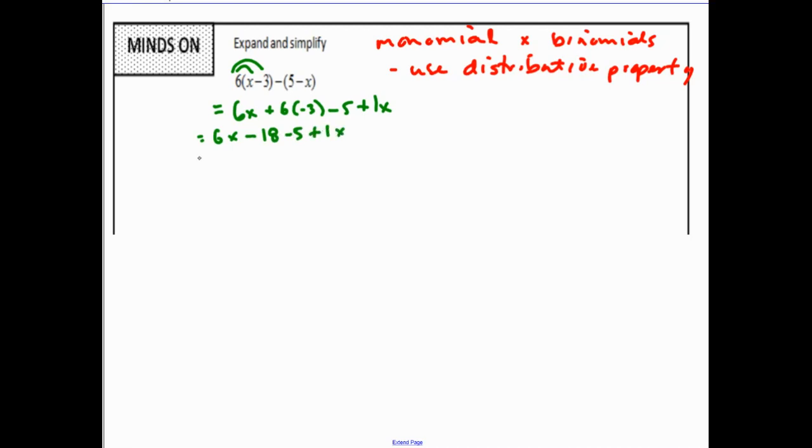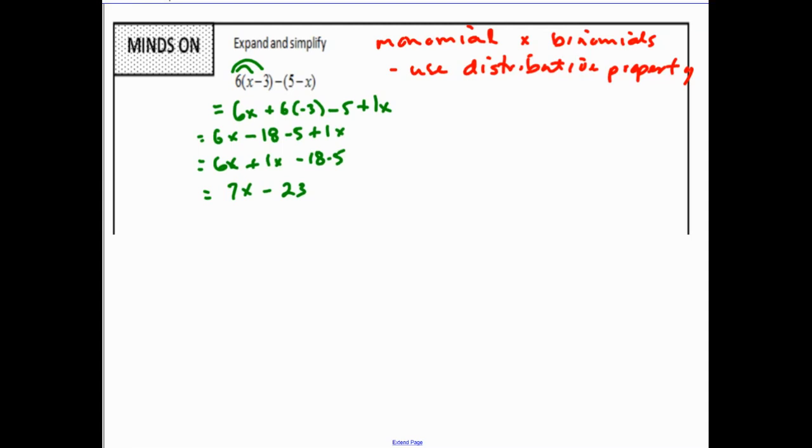And now we gather like terms, so 6x plus 1x, minus 18, minus 5. Now we have the x terms together and the non-x terms. So 7x minus 23. That's as far as we can go. These are two unlike terms, and this is where it ends.